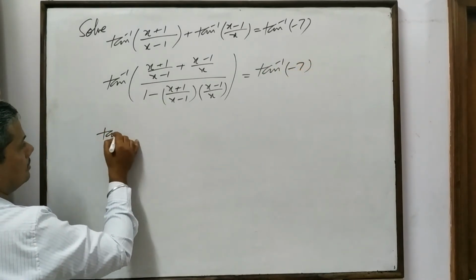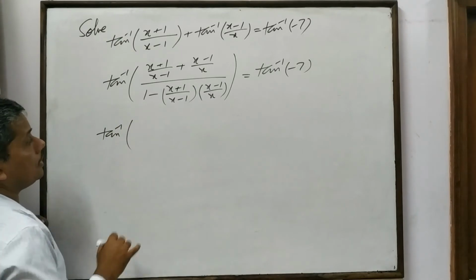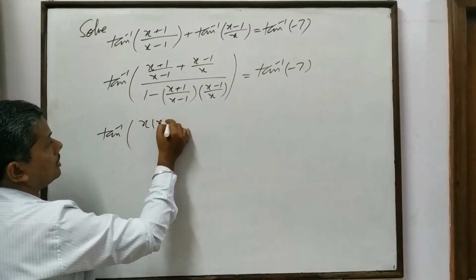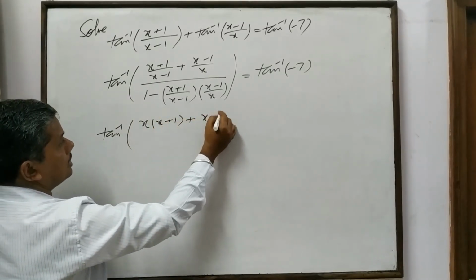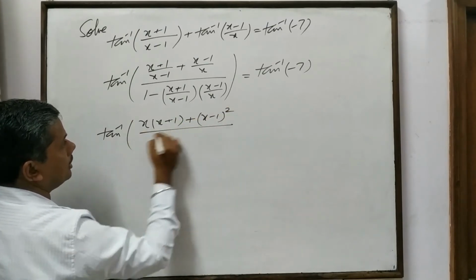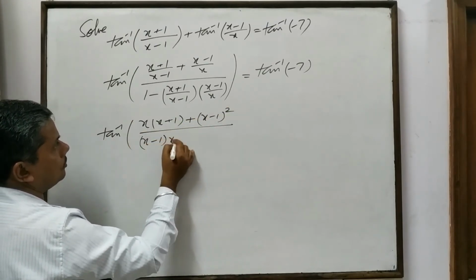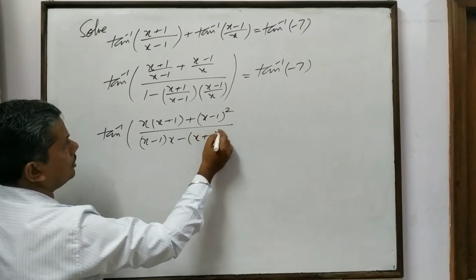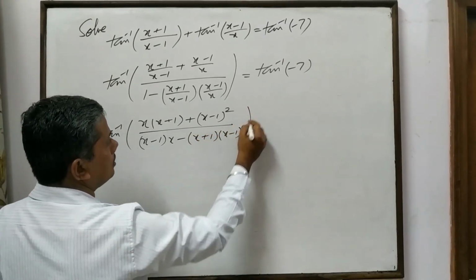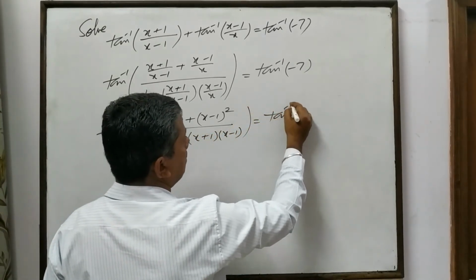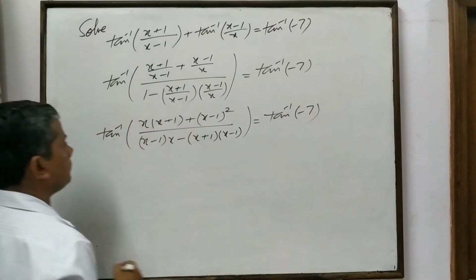So this is tan inverse x into x plus 1 plus x minus 1 the whole square divided by x minus 1 into x minus x plus 1 into x minus 1 is equal to tan inverse minus 7.